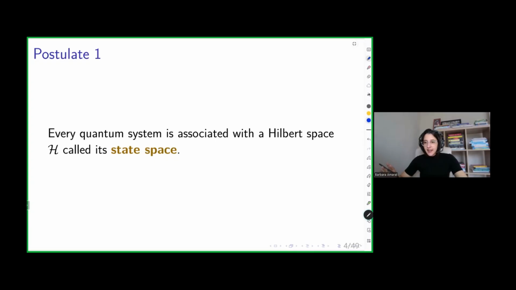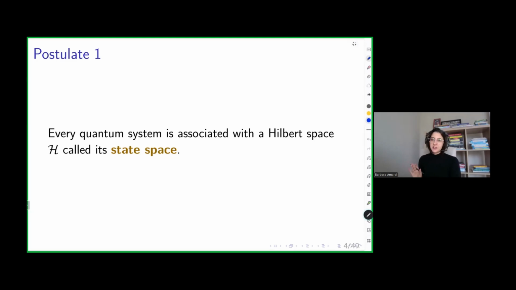You don't need to worry about this notion of Hilbert space now, but later, if we talk about continuous variable systems in which this space has infinite dimension, then we need to worry about it.